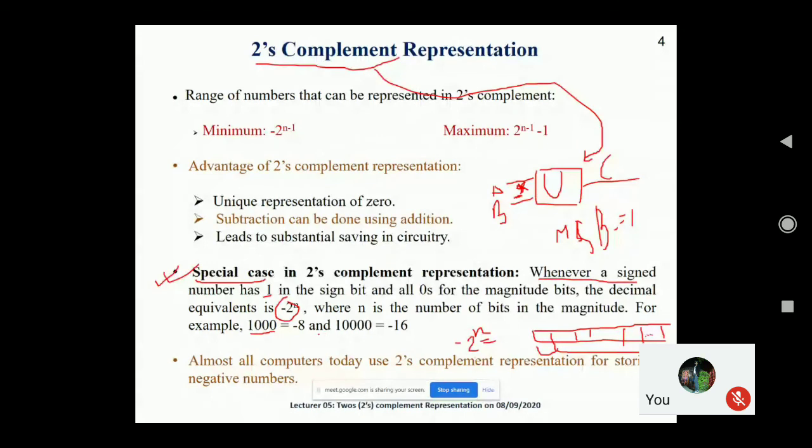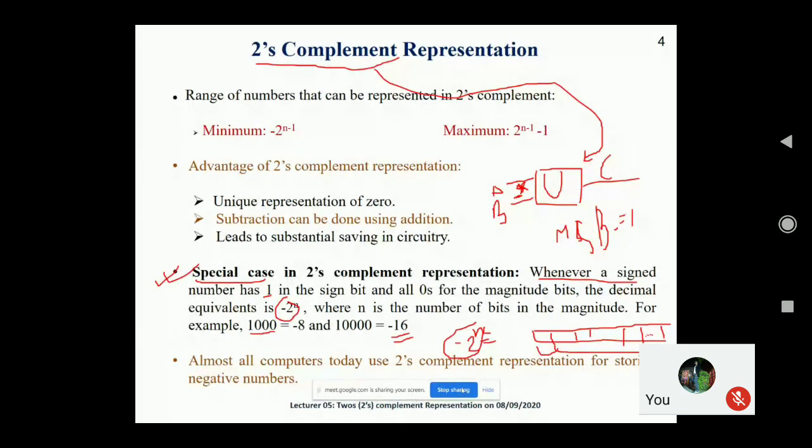If we use 5 bits, 10000, we can write it in the form of minus 2 to the power n. How many bits are in the magnitude? n equal to 4. 2 to the power 4 is 16, so it is minus 16. This is the special case in 2's complement representation.